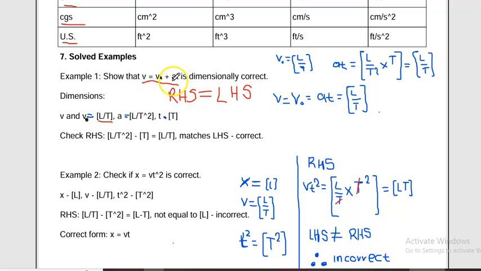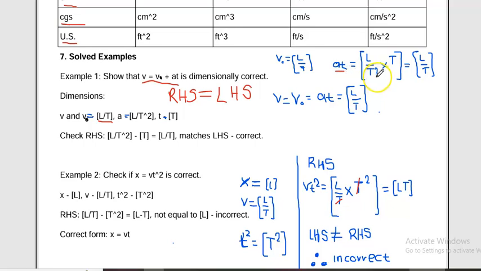Now let's compute, because V naught is just the same as this V final, so the dimension for this and this are one and the same. So now let's try to compute A times T, acceleration times time.